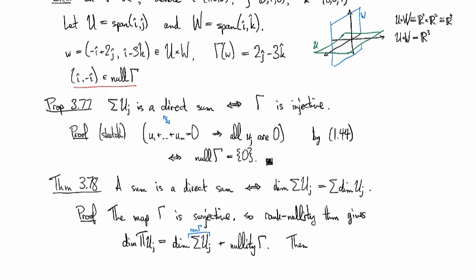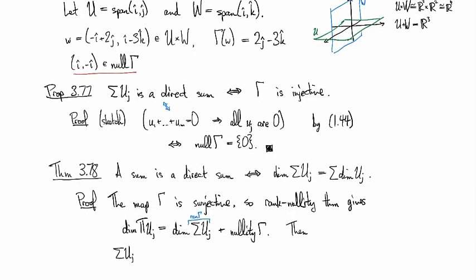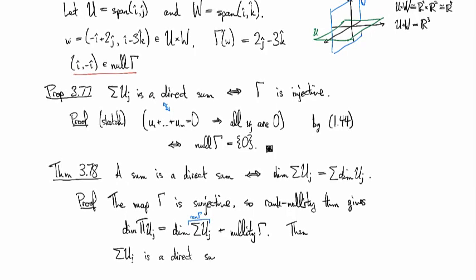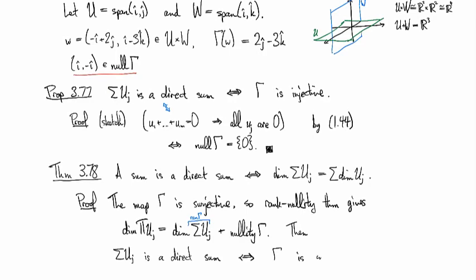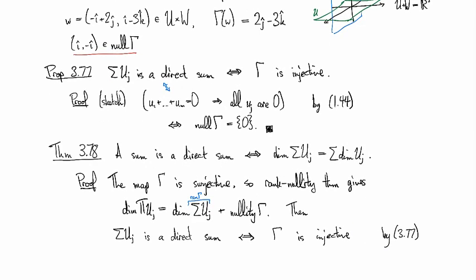Okay, so then we have the following chain of equivalences. The sum of the UJs is a direct sum if and only if gamma is injective, and so that's by the one that we just looked at. And then let's see what else we have.